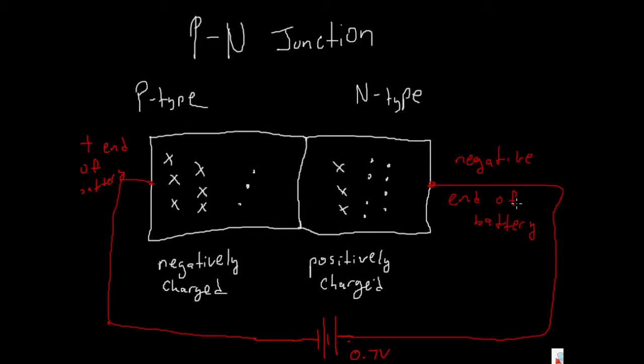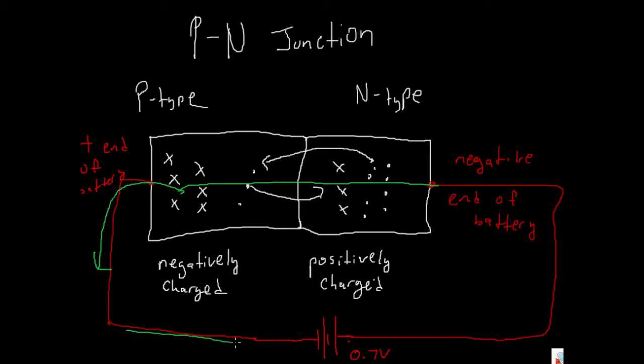Now, imagine we hook up a battery so that the negative end of the battery is connected to the N-type material, and the positive end is connected to the P-type material. Remember, the P-type material has extra electrons, and electrons from the N-type material have stopped moving into the P-type material because of this. New electrons from the battery's negative end are present in the N-type material.